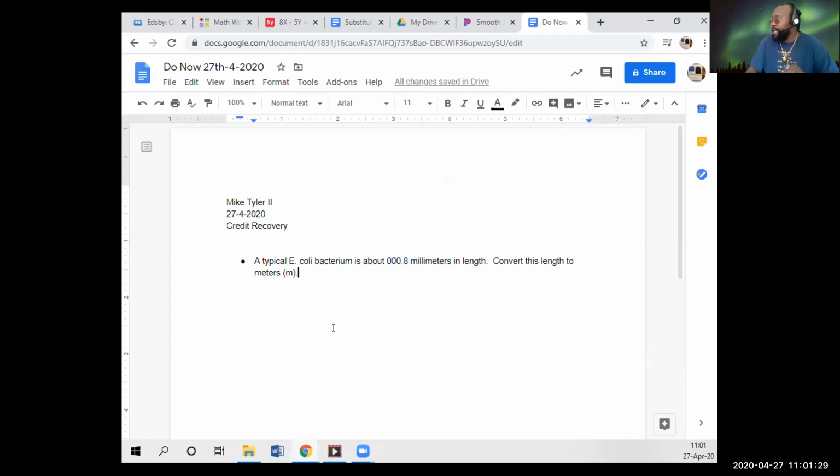So the problem is saying, hey, change this to just meters. So let's see if I can make this cleaner and indent it a little bit. And I'm gonna put that here. There we go. And I'm putting this over 1.